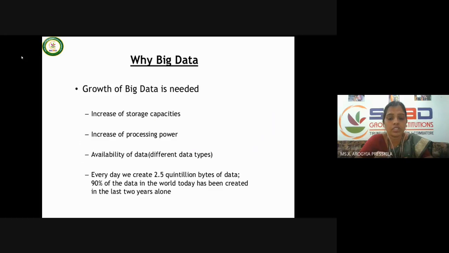Different data are also available. So for storage capacity, for processing, and for availability of data, you need a separate additional architecture and additional technology tools to handle big data.